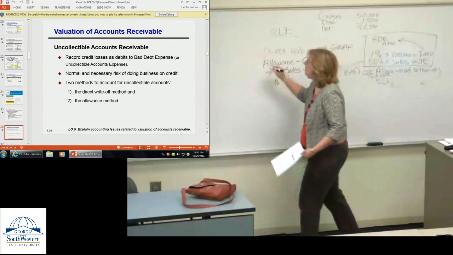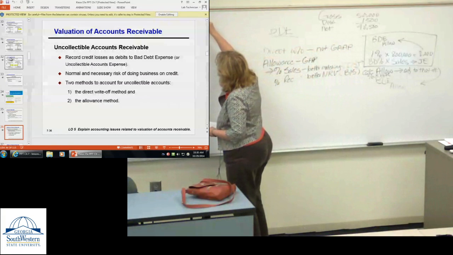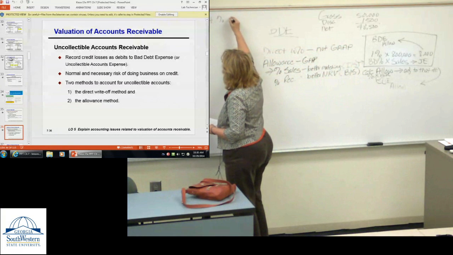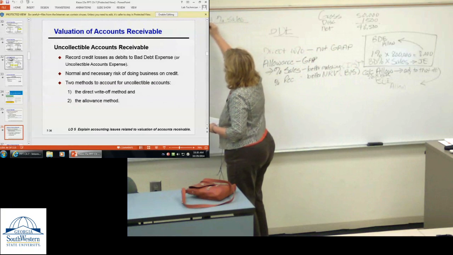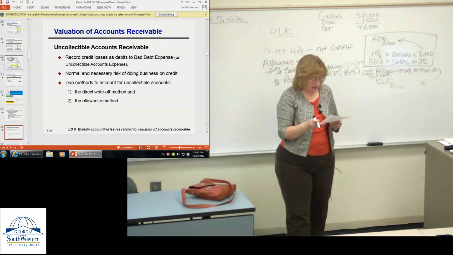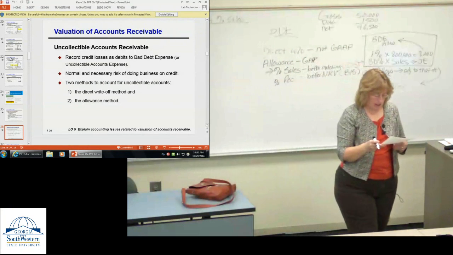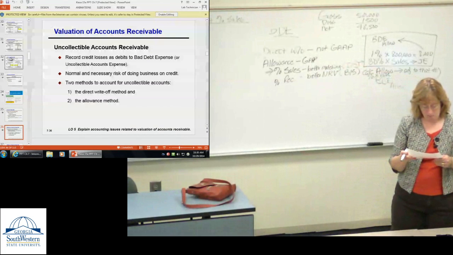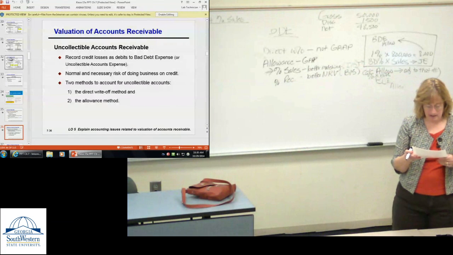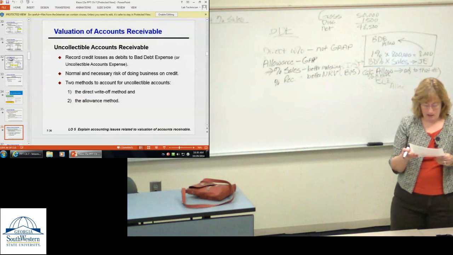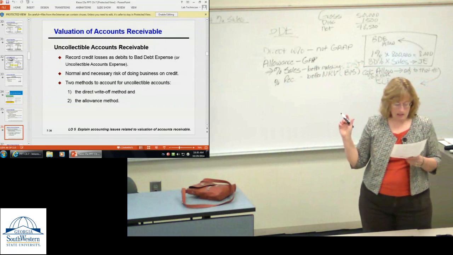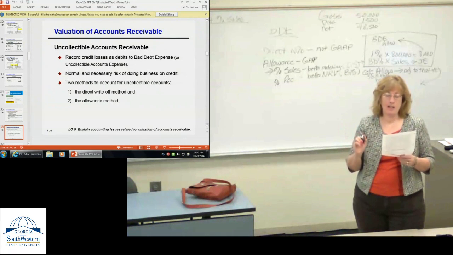Okay, so if we use percent of sales on number 4, the situation is they give you a net sales amount, balances in accounts receivable, balances in the allowance for doubtful accounts, etc. What they want is the entry to record bad debt expense.